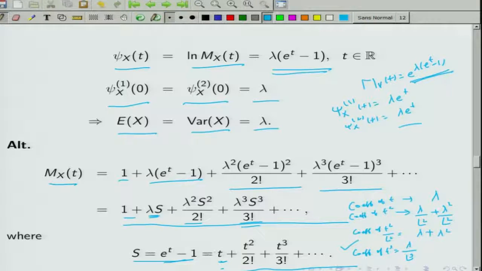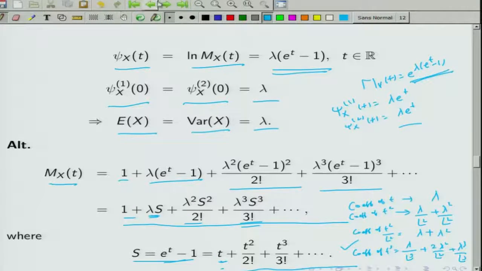The only thing that can come is twice the cross product of this. So that becomes twice lambda square by factorial 2. And then from s cube, only the first term would come, t cube, which is lambda cube by factorial 3. So you can get the coefficient of t cube by factorial 3 by multiplying by factorial 3 over here.